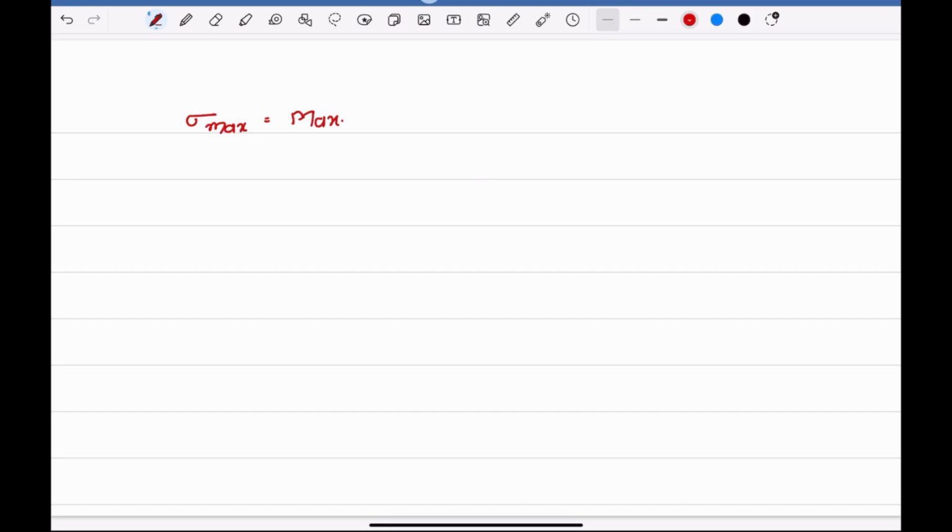Sigma maximum is equal to the maximum bending stress, which is 86.207 kPa. The maximum stress is sigma max, which we have already calculated: 86.207 kPa. Yes, I am right.